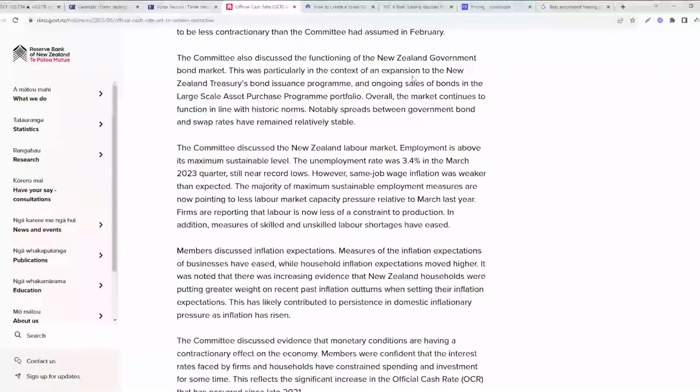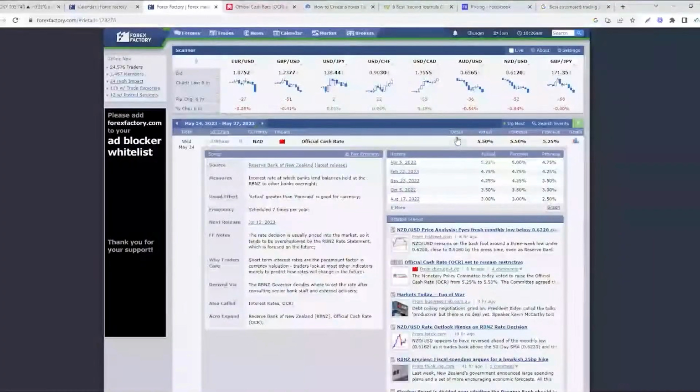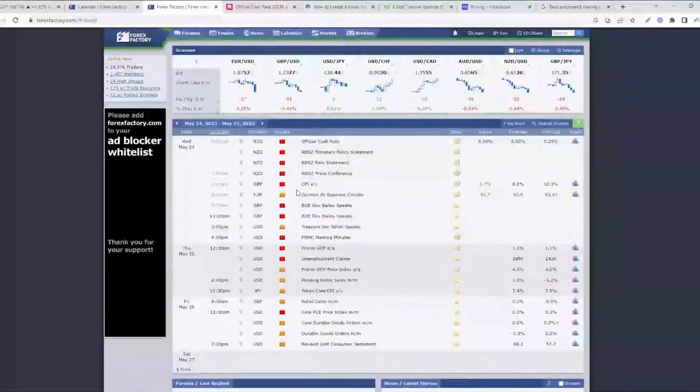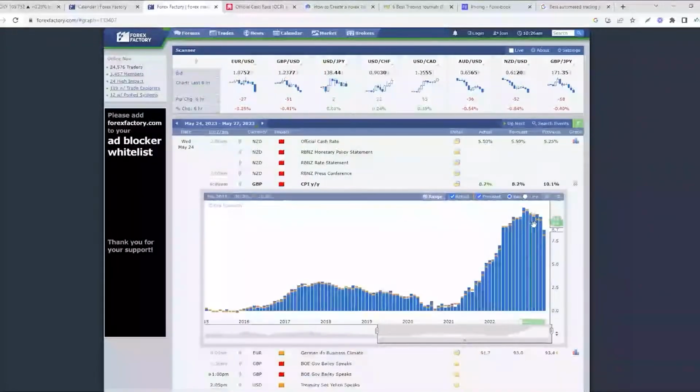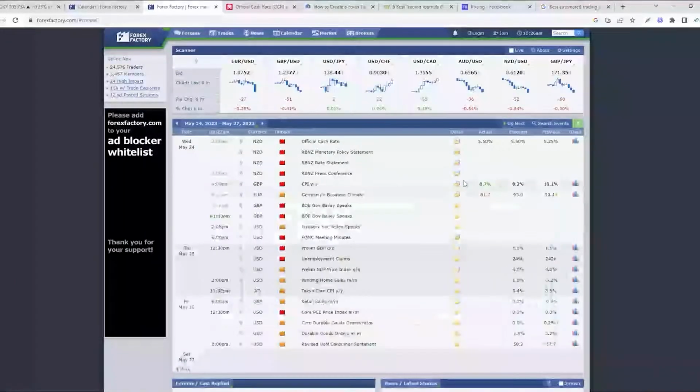And then similarly, for other data points, like we had UK inflation earlier today as well at 6 a.m. GMT, where CPI on an annualized basis has continued to fall, but I believe core CPI is rising.